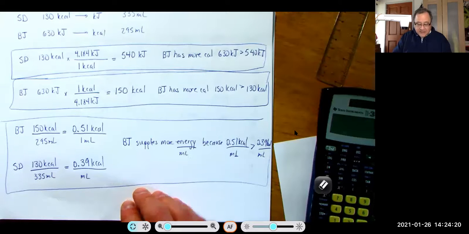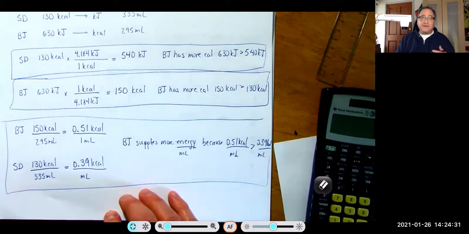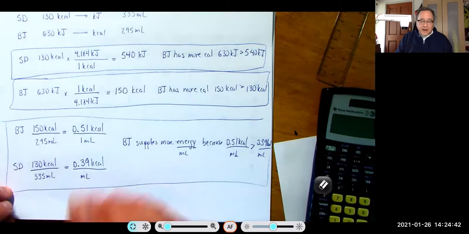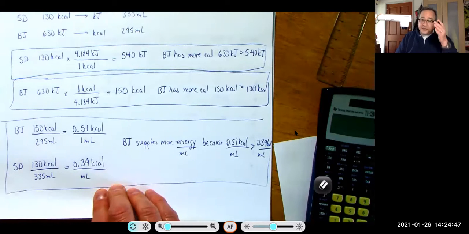If we wanted to make a claim to which is better for you, what are the things we'd have to do? We'd have to define the parameters. So we could say that one of the parameters is the amount of vitamins that each provides. Okay, and I think that would be a good parameter for health. But you have to define the parameters. And so often you see on the internet, you see on TV, people making claims where they don't define the parameters.